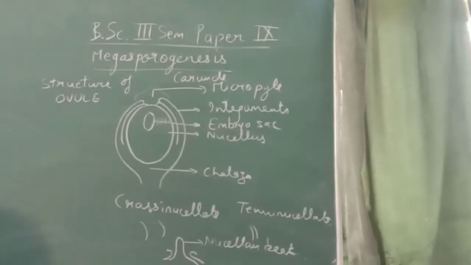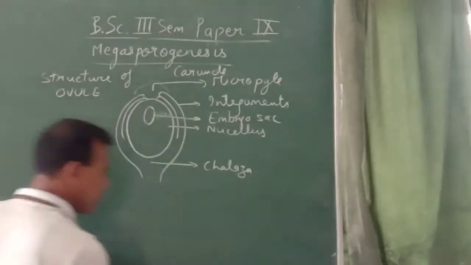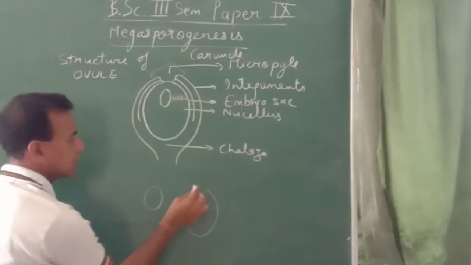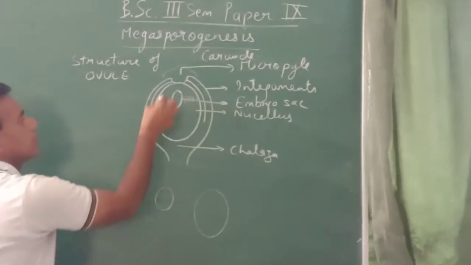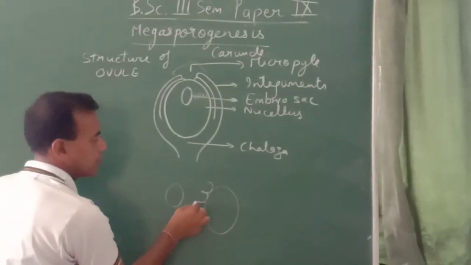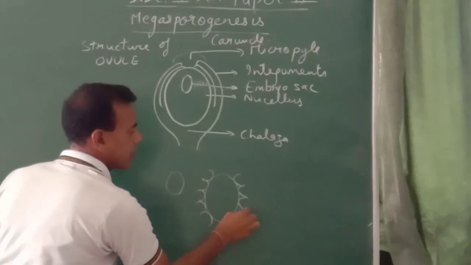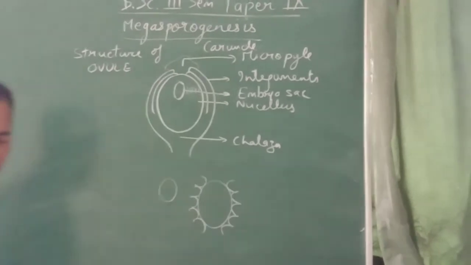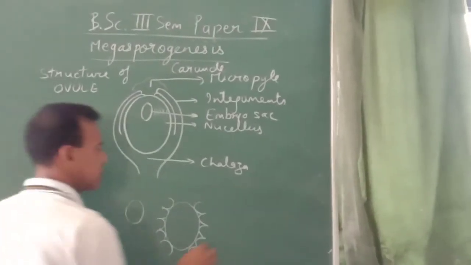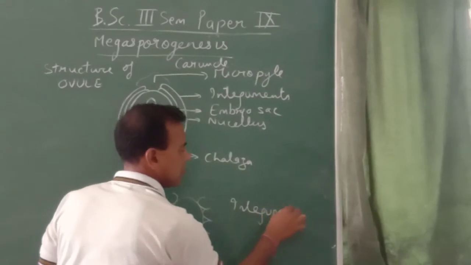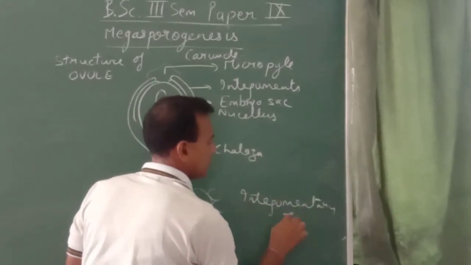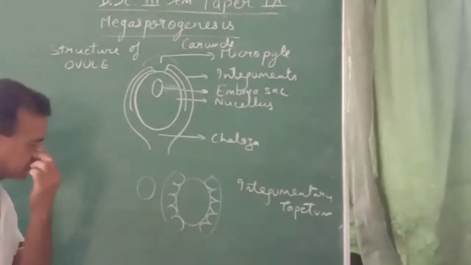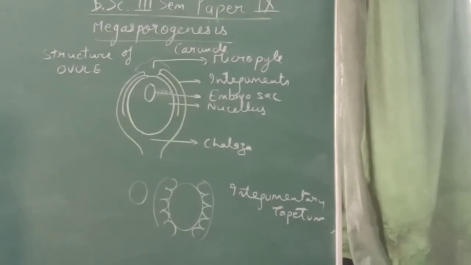It functions as tapetum when the embryo sac is increasing in size and absorbing the tissue of the nucellus; then this inner integument becomes like this, and it provides nutrition to the developing embryo. Now this type of integument is known as endothecium or integumentary tapetum. So this inner integument gets transformed into integumentary tapetum.